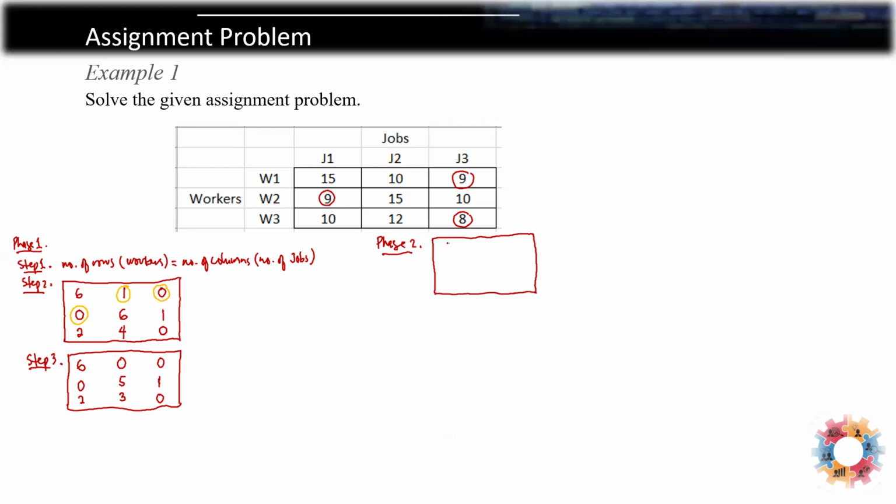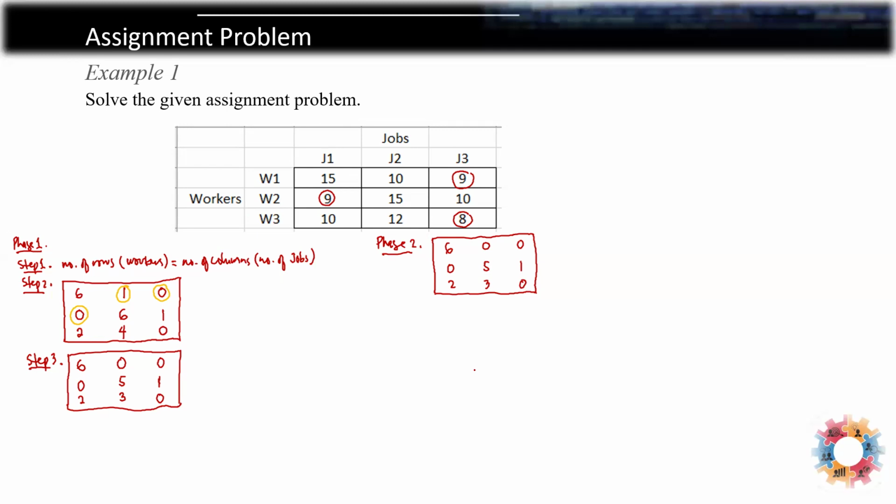We have 6, 0, 2, 0, 5, 3, 0, 1, and 0. So what we will do now is apply row scanning and column scanning to cover all the zeros by lines.